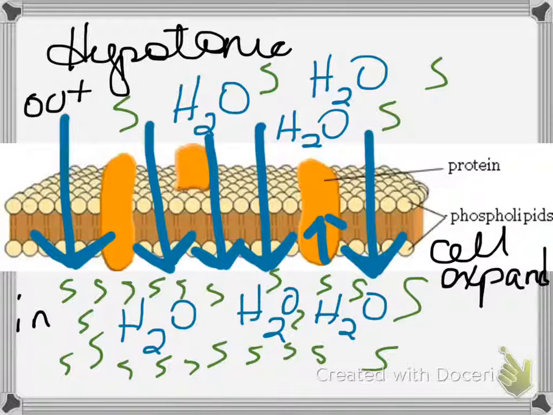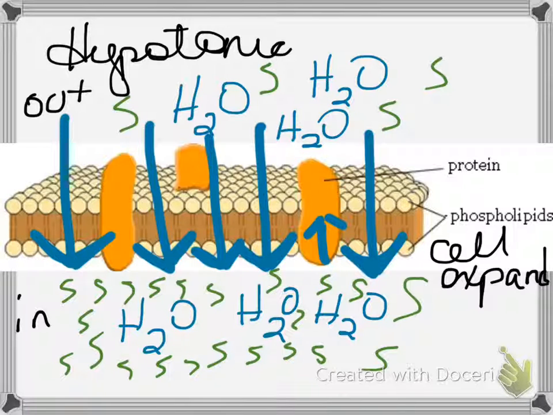Now, if you were already dehydrated, that water flowing back into your cell would help to rehydrate you. But if you were already perfectly hydrated, so much fluid flowing back into your cells could actually cause your cell to rupture or burst. So that's why you're not supposed to drink distilled water or pure water when you don't have a medical need to. If you're not severely dehydrated, you drink tap water or bottled water, which is not pure water.